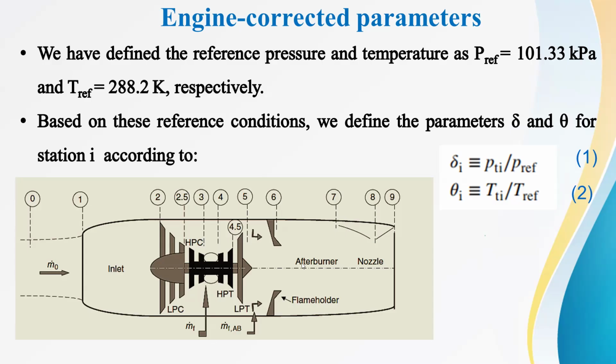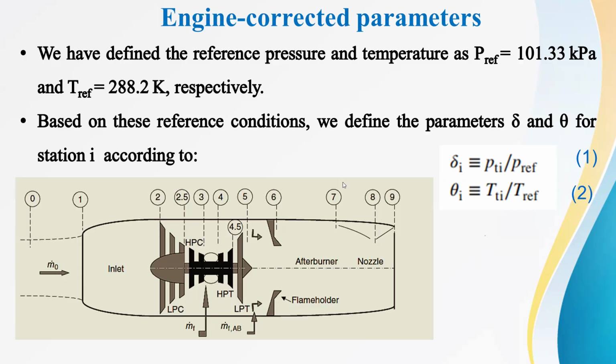This is already there in your previous chapters. To define the parameters, we have to define the reference pressure and temperature. In our case, the reference pressure is 1 atmospheric pressure, which is 101.33 kilopascal, and the reference temperature is 288.2 Kelvin. These are the reference conditions, nearly 15 degrees centigrade and 1 atmosphere.